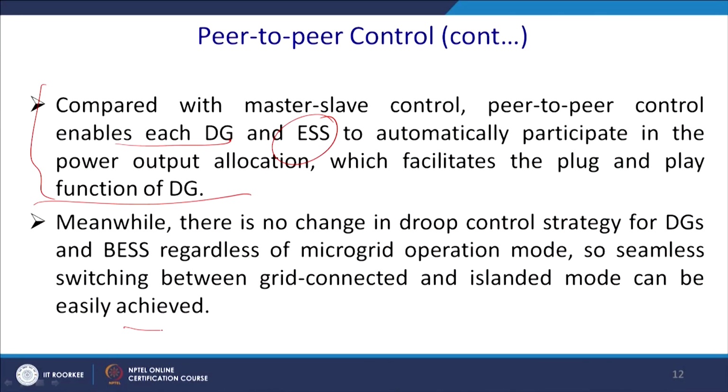So, seamless switching between grid connected and islanding mode can be easily achieved here, and that is less complex, because whenever there is a changeover from off grid to on grid, you have to change the mode of operation of the master controller. Here there is no such requirement; since it works with the group control method, it will continue to work in the group control method.